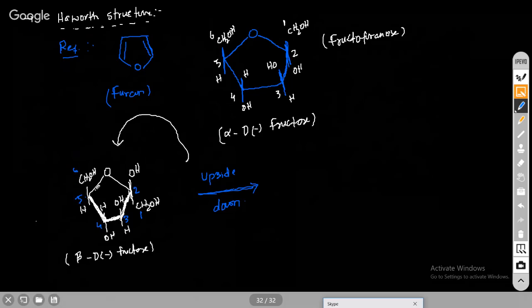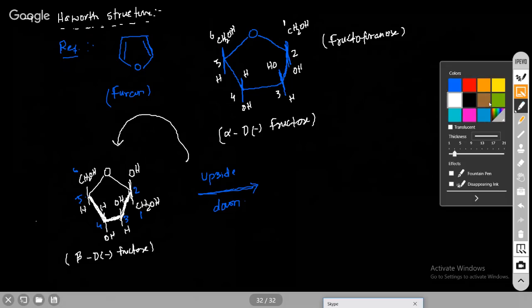So when you flip it 180 degrees, the second carbon will be here, yes or no? The fifth carbon will be here. And whatever atoms or groups are on the bottom will come on the top, and the atoms or groups on the top will go to the bottom.